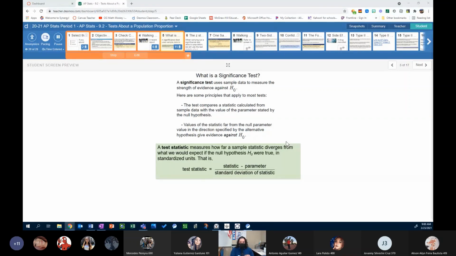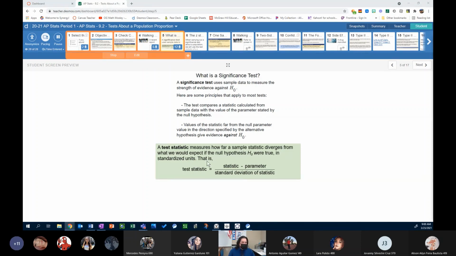If we think of it as that bell curve, the null hypothesis is the mean right in the middle. If we get a test statistic that's way out on the tails on one side or the other, depending on the direction of the alternative, that gives us evidence that this assumption might not be correct. Then the test statistic measures how far a sample statistic diverges from what we would expect if the null hypothesis H naught were true.